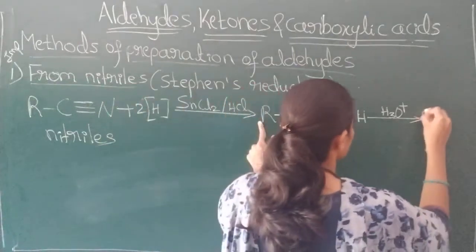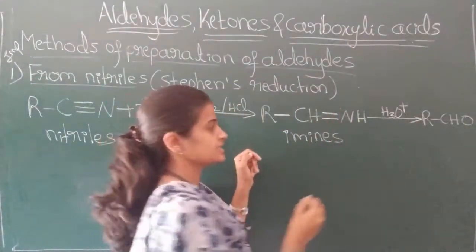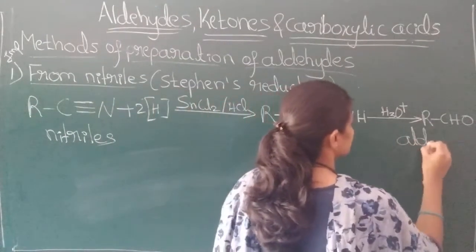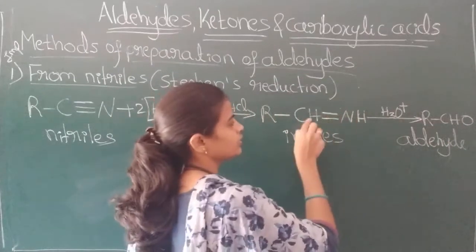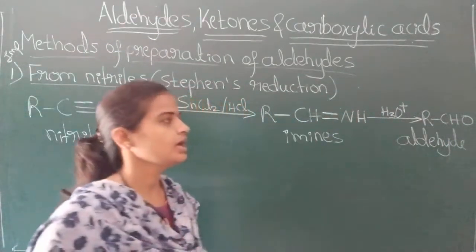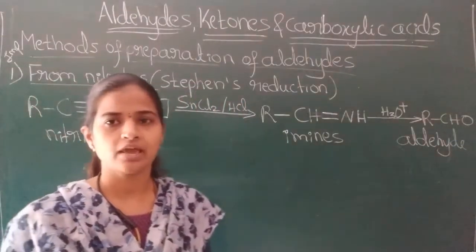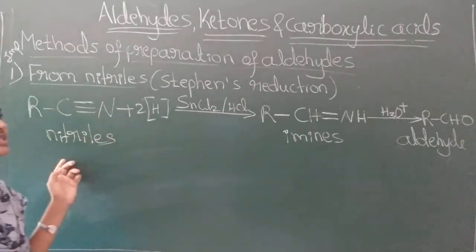Then we get RCHO. What is it? An aldehyde. The bond will be broken here. It becomes RCHO and takes 2 hydrogens from here to form NH3. Ammonia will escape out. This is called Stephen's reduction.